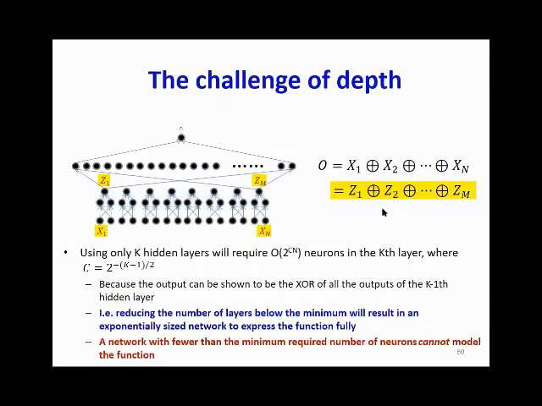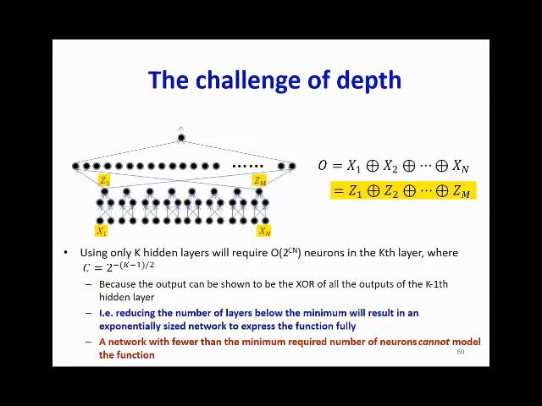So if you terminate, say, the net after only a few layers, say k layers, then you're still going to need to compute an XOR of the outputs of these layers. And computing an XOR using a deep network, again, we saw will require a linear number of neurons, but if you make it shallow, the number of neurons is going to become exponentially sized.